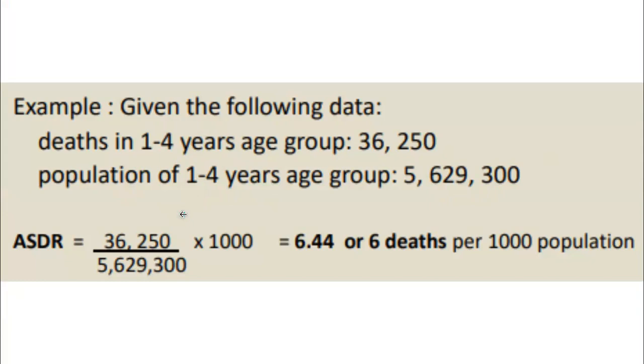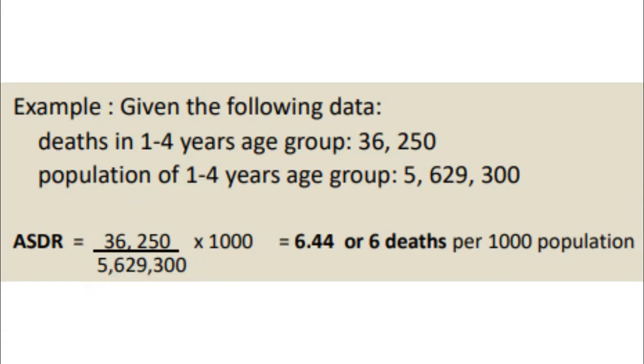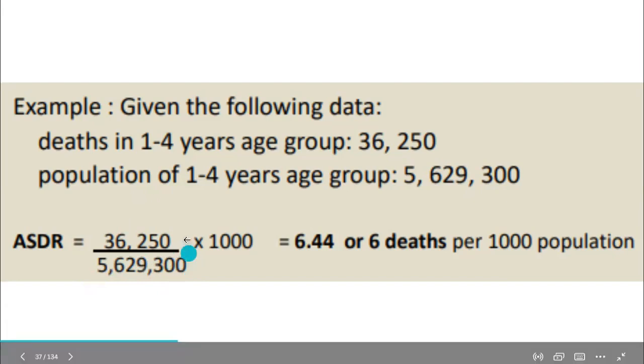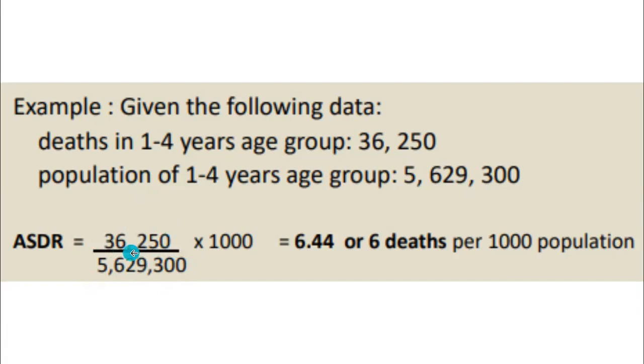So again, what do we compare? The total number of deaths in that particular age group in that particular year, we compare it to the total population from which the deaths have occurred in that particular age group. Okay, so the total number of deaths is represented by 36,250 in that age group.